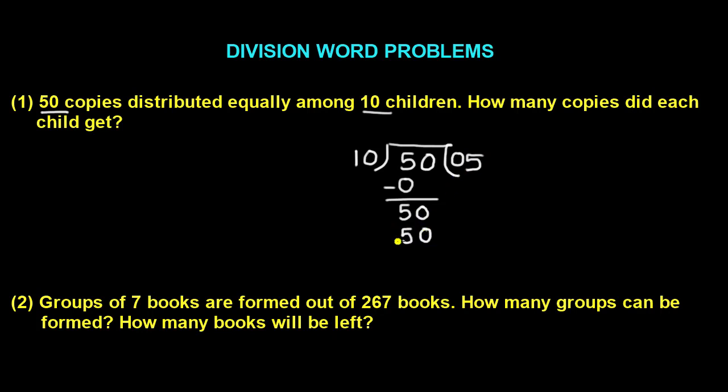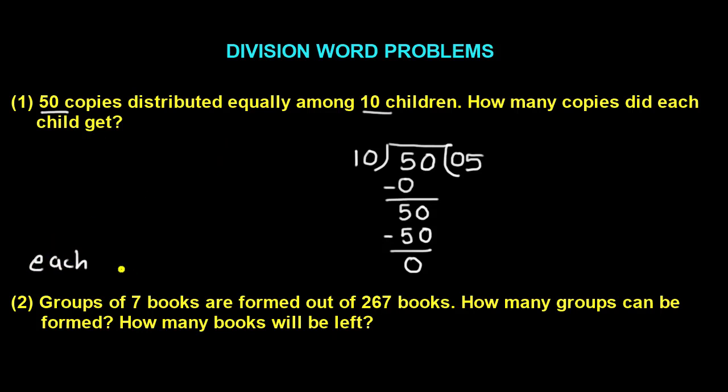So 50 minus 50 is equal to 0. Hence we can say that each child received 5 copies. So this is our answer.